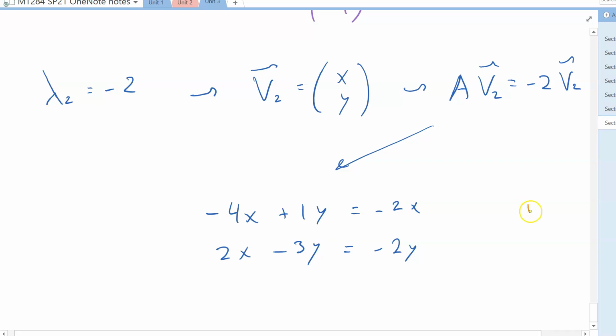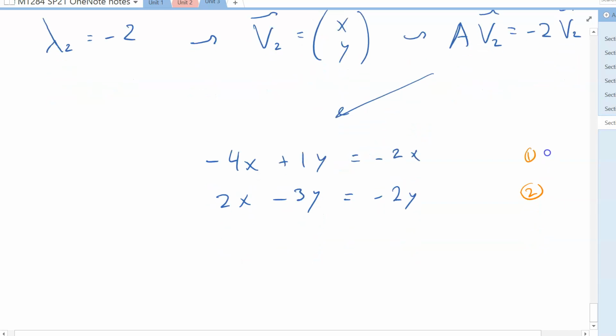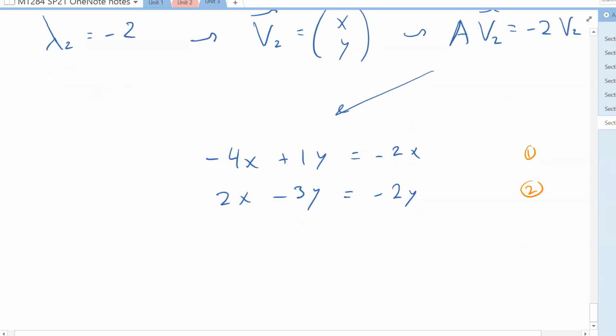So once again, we get two equations here. That system of equations has lots and lots of possible solutions x and y. We just have to find one non-zero one. Now, in the first equation, let's add 4x to both sides. Then we get y equal to 2x.